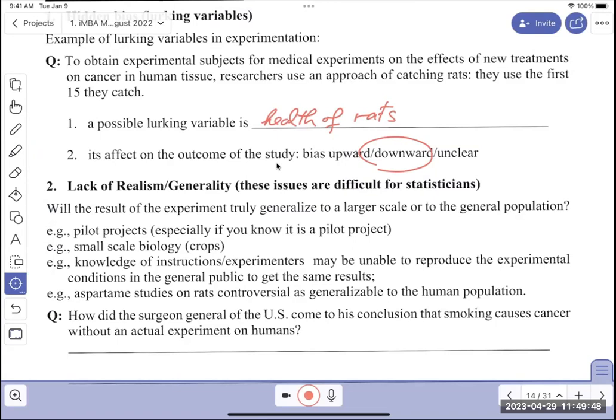In this example, I've just said the health of rats, but you could say that, I don't know, I can't make it up right now. Because I've already entered this, but if I wrote something else, it could be indeterminate. But you don't know, it's hard to relate the variable with a bias side.